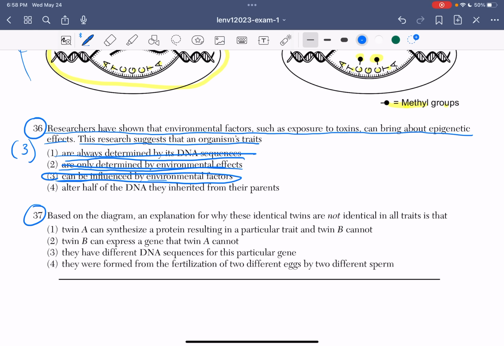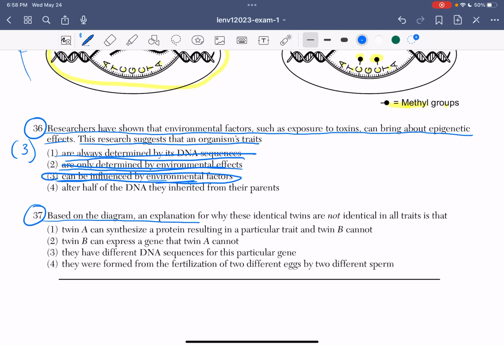Are you going to be obese in this different country? Are you going to be fit in this new country? What kind of foods are you eating? Are you drinking enough water? Is there pollution? Do you have enough oxygen? So many environmental factors. I'm talking too much about this, but it's so that you understand why it's the choice that it is. Okay, let's take a look at number 37.